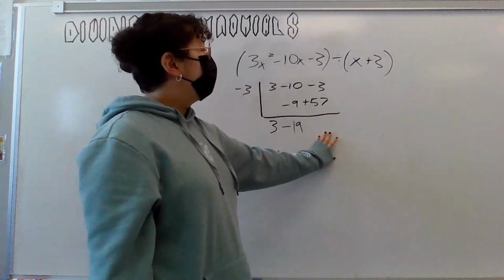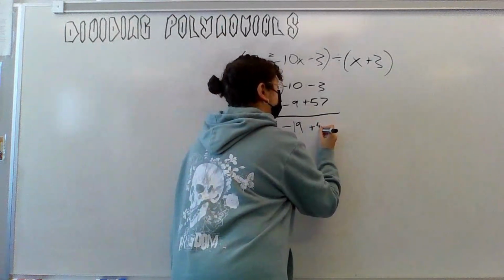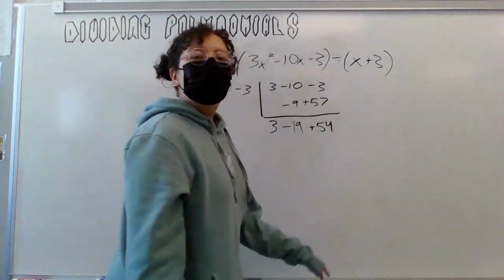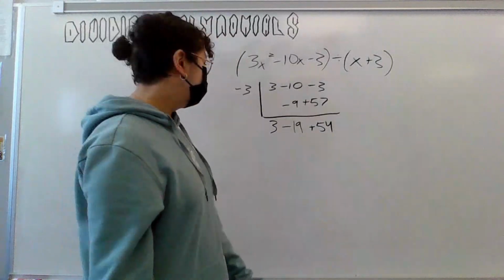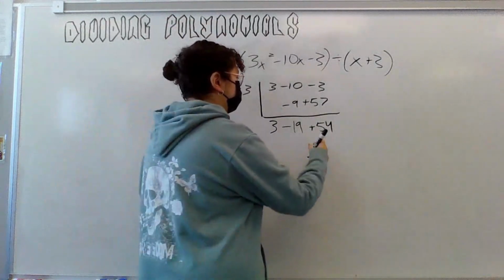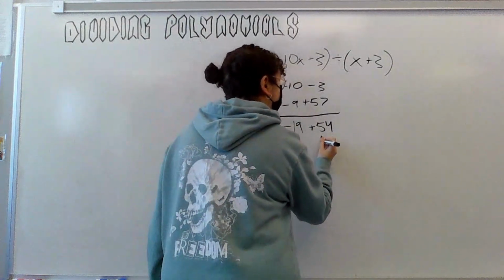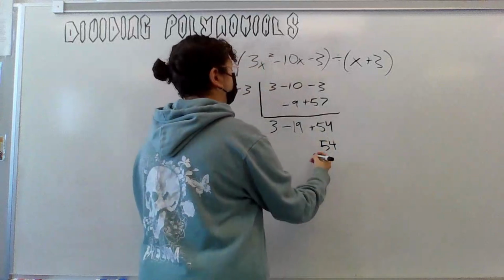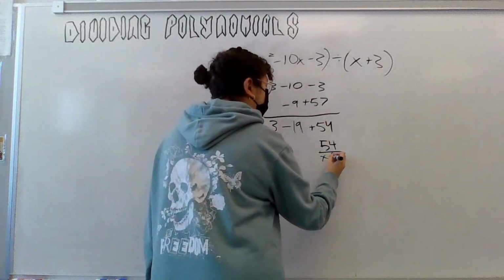And so negative 3 plus 57 equals 54. Your last number is your remainder. As before, it would just go over what you divided by. So 54 over x plus 3.